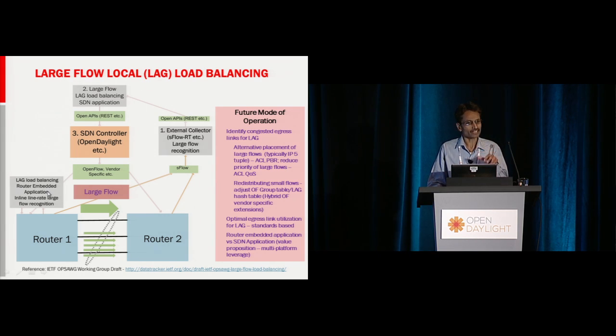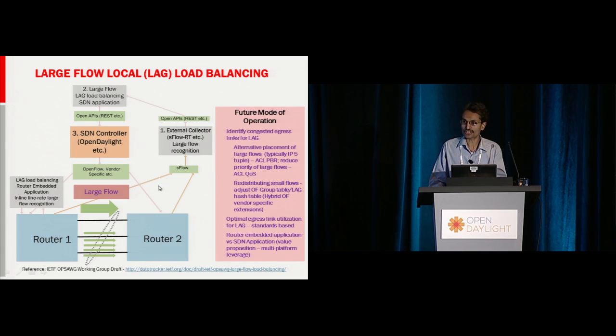But if you're using an external collector approach, it's more prudent to use the SDN approach. The rationale is that you have sFlow or sampling capabilities in all these switches, so you develop this application once and you can leverage it across multiple products and platforms. That's the biggest benefit of an SDN application.